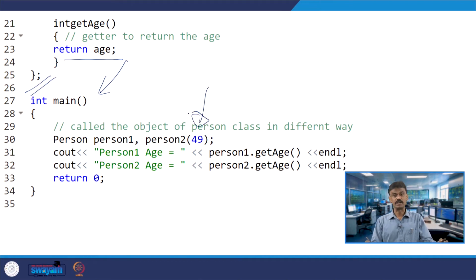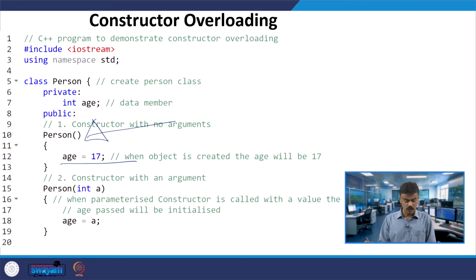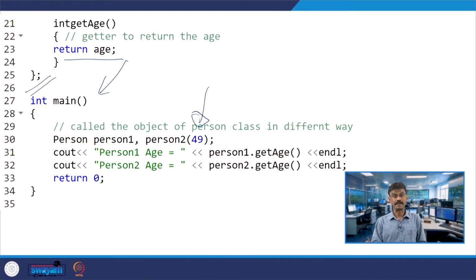You have another object, person 2, and you are passing the value 49. So, when you are passing the value 49, it will call the constructor with one argument. This particular constructor will be called, because you are passing 49.